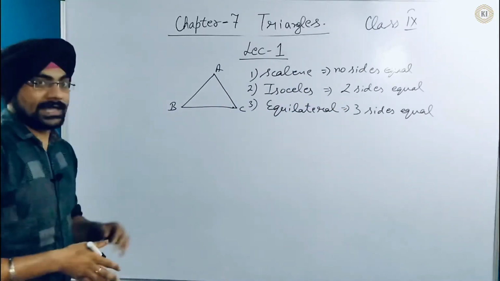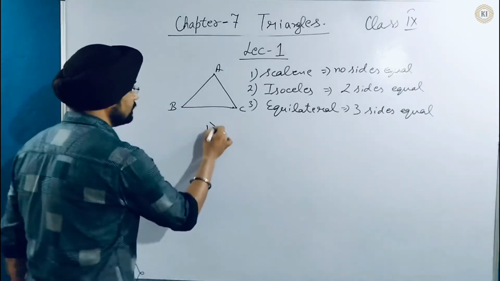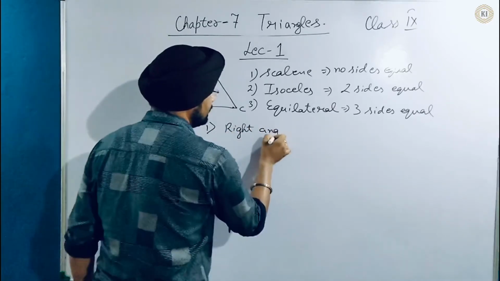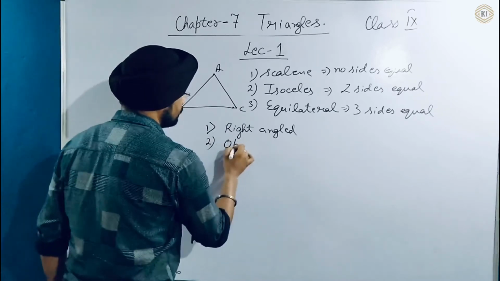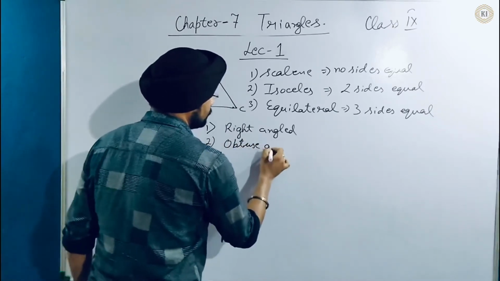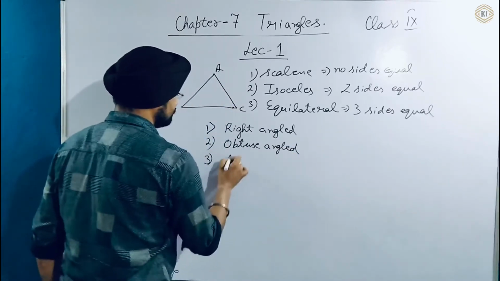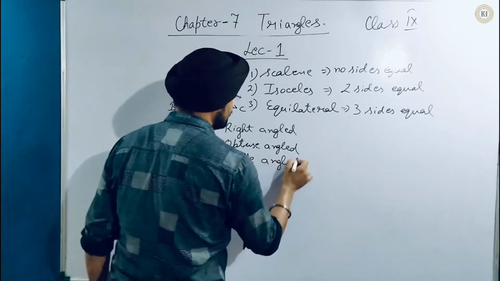And based on the angles also, you will find three types of triangles. First will be your right angle triangle, second will be your obtuse angled triangle, and third will be your acute angled triangle.